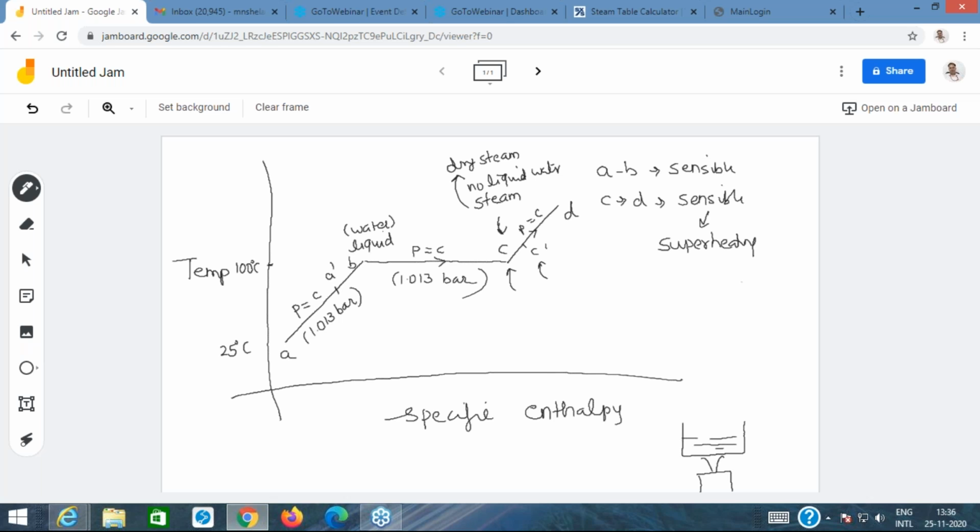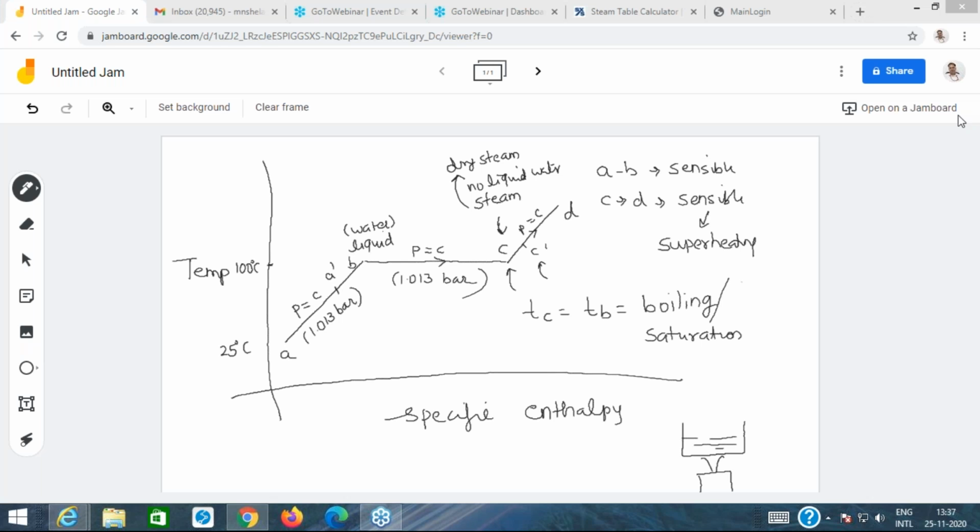The temperature at C is equal to the temperature at B, which is the boiling point, also called the saturation temperature. So when you heat the steam in process C to D, beyond the boiling point, beyond the saturation temperature, this process is called superheating. Am I clear now?